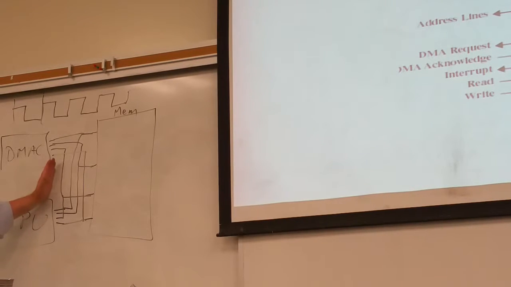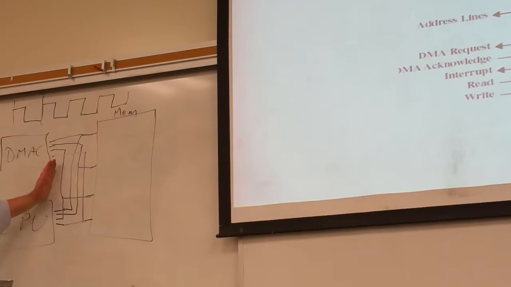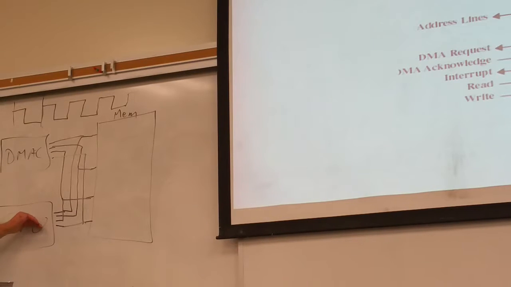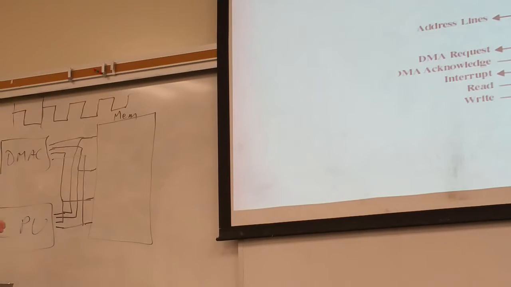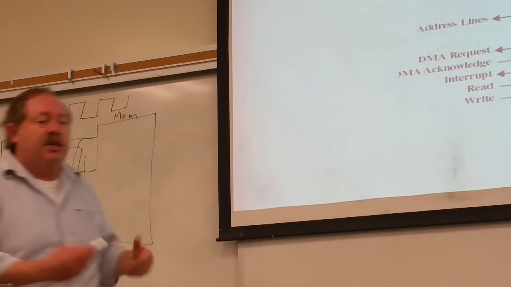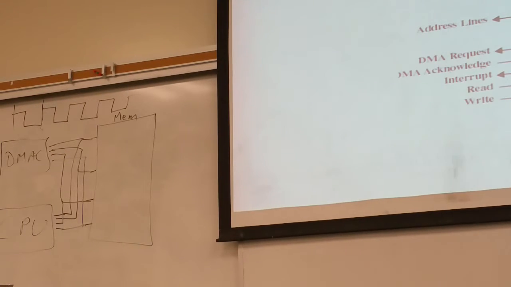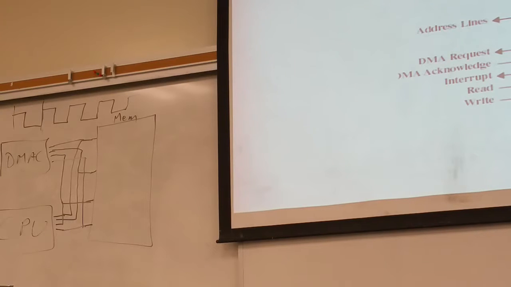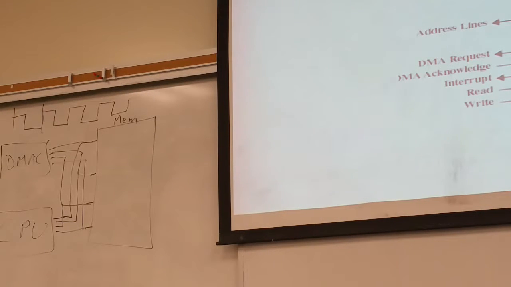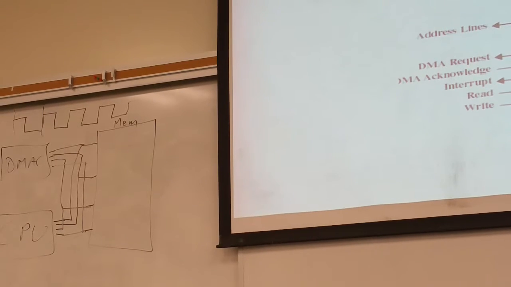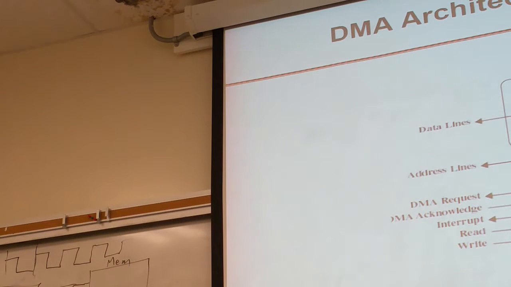So if this was strictly my address lines, I still have to worry about both of these trying to raise the address lines at the same time. So I'm still going to have to split my clock cycle between the two, or some technique like that. Okay, so I need to form the address so I can then transfer the data. Does that make sense? I didn't draw the separate bus lines for a separate data bus, but you have pictures of that in the system.